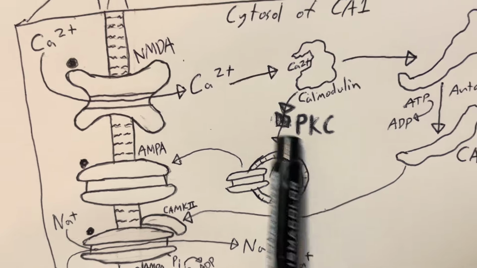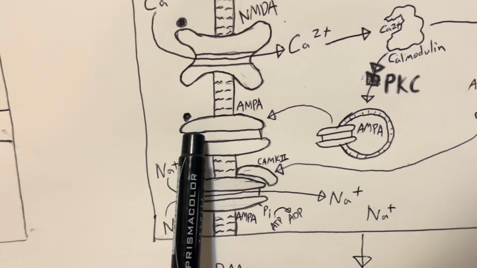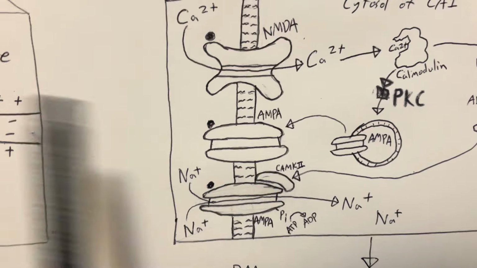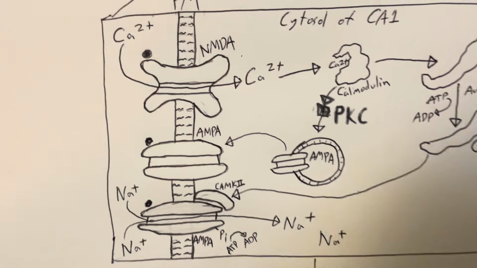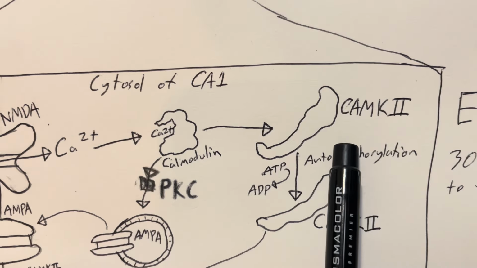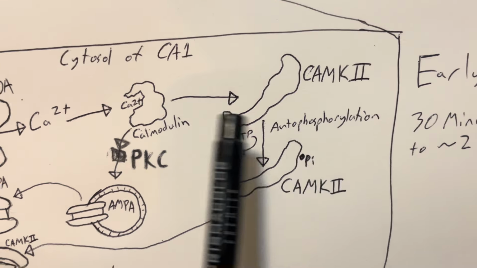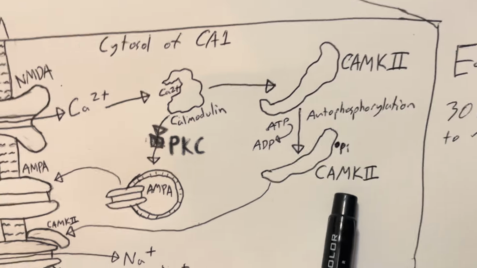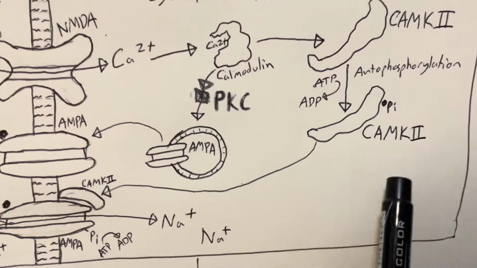mobilizes these passively stored AMPA receptors to the membrane, making the postsynaptic neuron more responsive to glutamate because there's more of these receptors for it. CaMKII autophosphorylates when it binds calmodulin, allowing it to stay active even after calcium levels have dropped and calmodulin is deactivated.